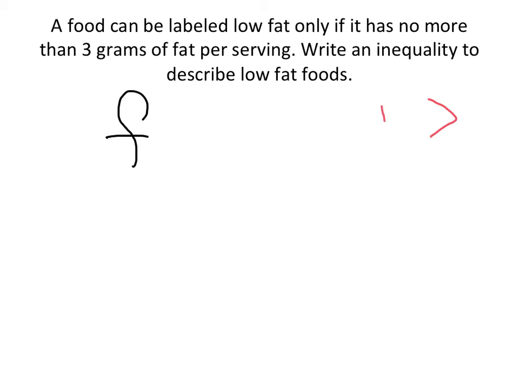But with that word no in front of it, it kind of acts like a reverse. So that no tells us to flip it, and no more than also says it could be equal to 3. So we have fat, and we can have less than or equal to 3 grams of it per serving. We can't have more than that.